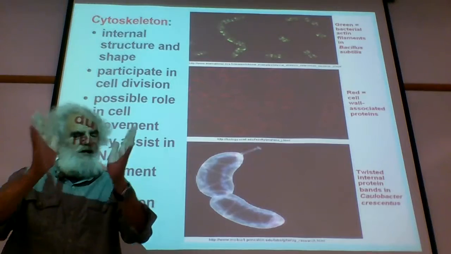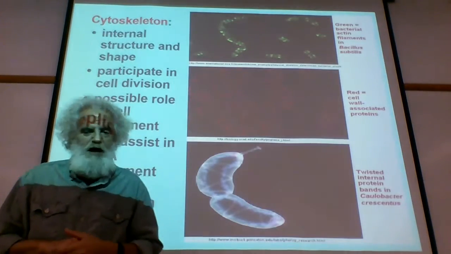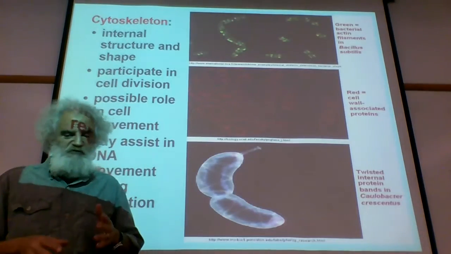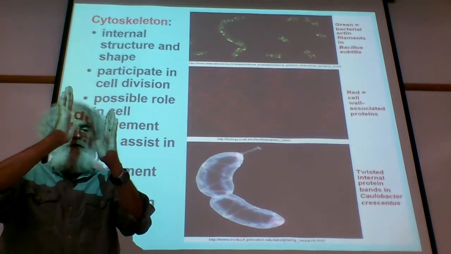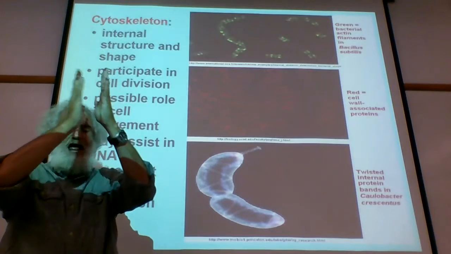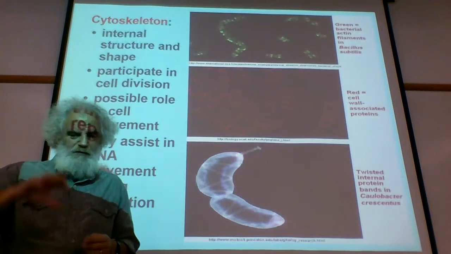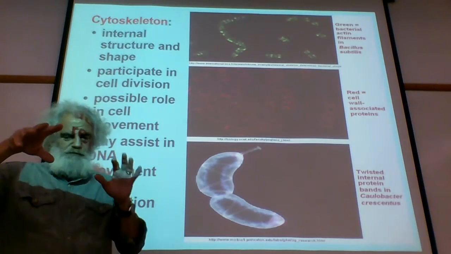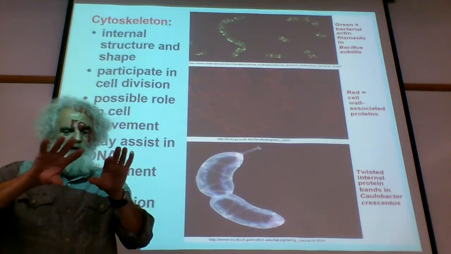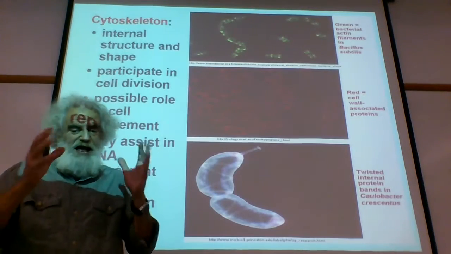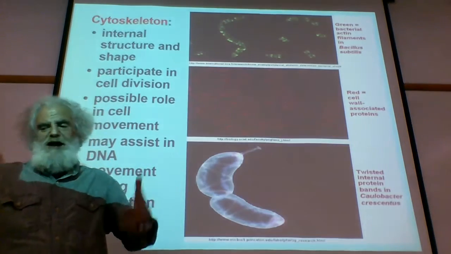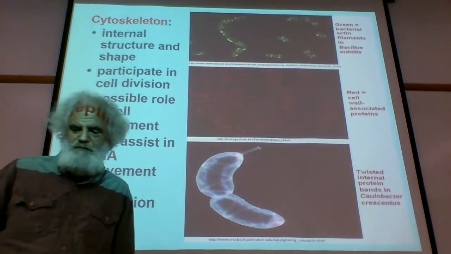And the chromosomes, maybe you remember this from high school biology, will line up at the midline, and then they'll be pulled apart during the part of the mitosis known as anaphase. And that pulling apart is being carried out by components of the cytoskeleton.